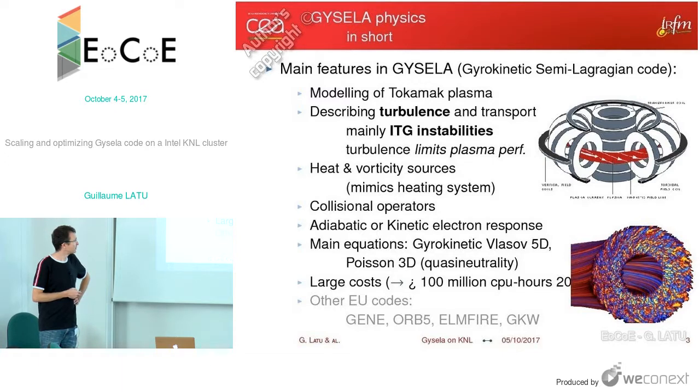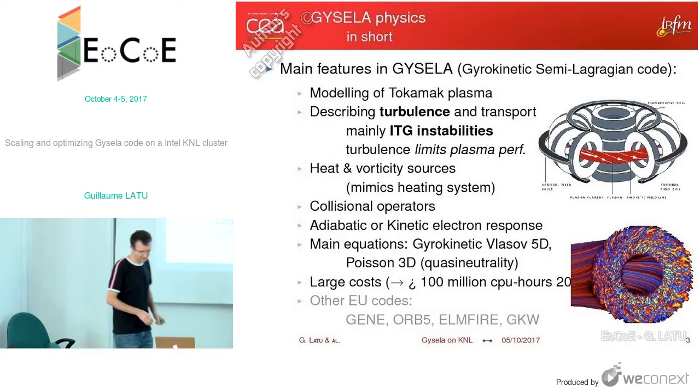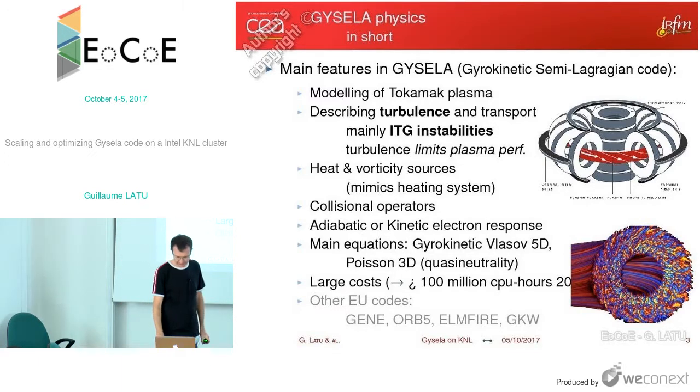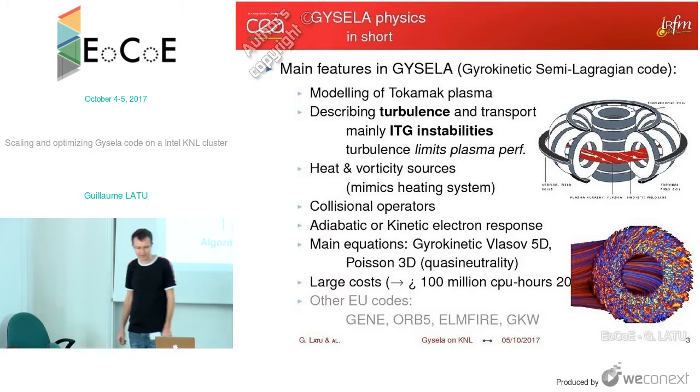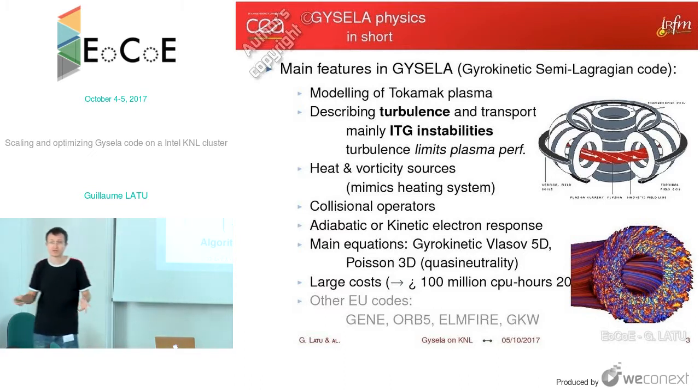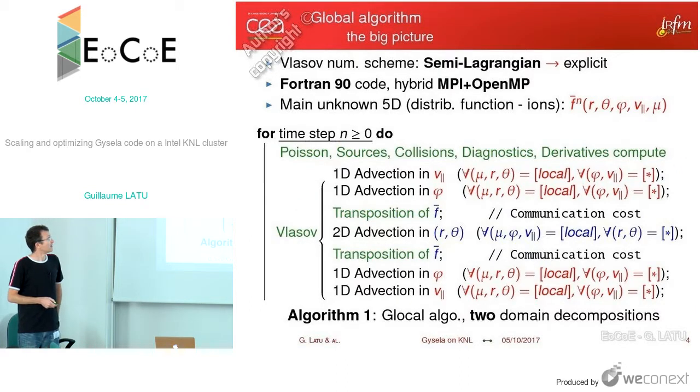So we have a large cost, something like 100 million CPU hours per year to go on with our simulations on different supercomputers. So the main algorithm of this code is the following. We have an explicit scheme.